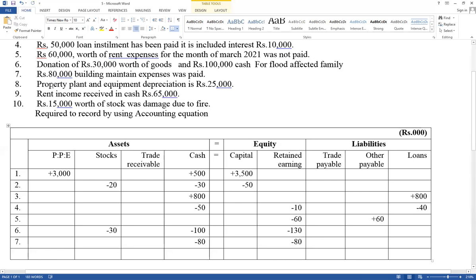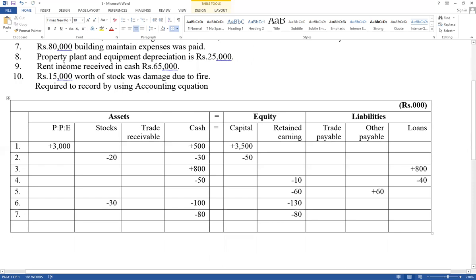Then transaction number 8, property, plant and equipment depreciation 25,000. Depreciation is an expense. As a result of depreciation, property, plant and equipment decrease.